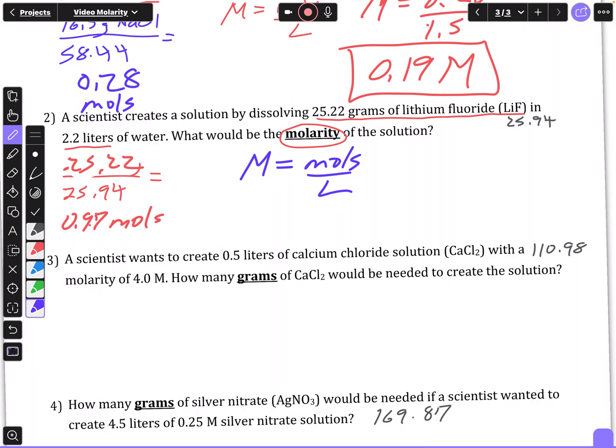I'm going to plug in some molarity now. It's going to equal 0.97 divided by my liters, which was 2.2.